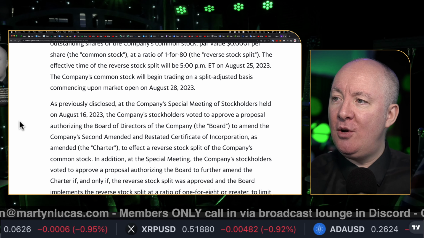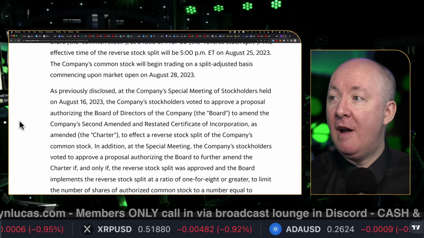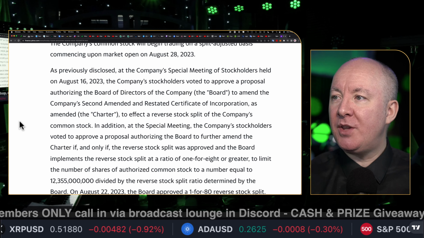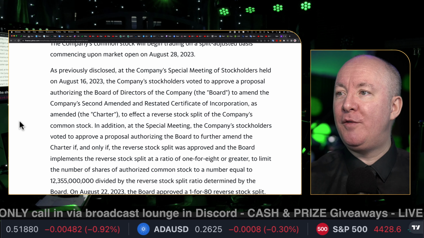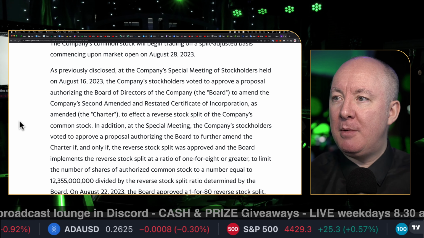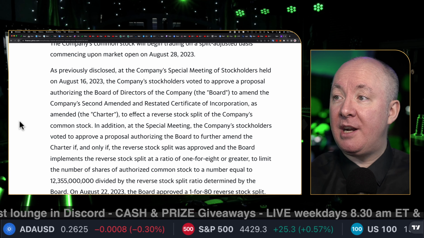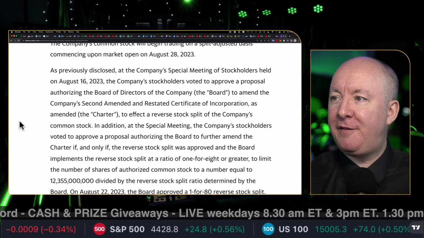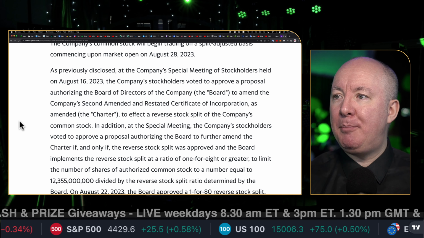As previously disclosed at the company's special meeting for stockholders held on August the 16th, the company's stockholders voted to approve a proposal authorizing the board of directors to amend the company's second amended and restated certificate of incorporation, as amended, to effect the reverse stock split of the company's common stock.